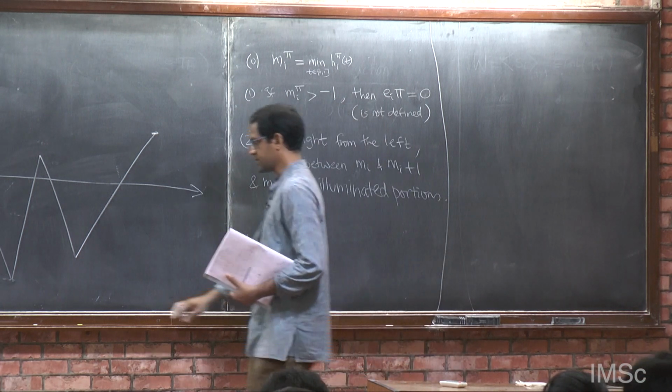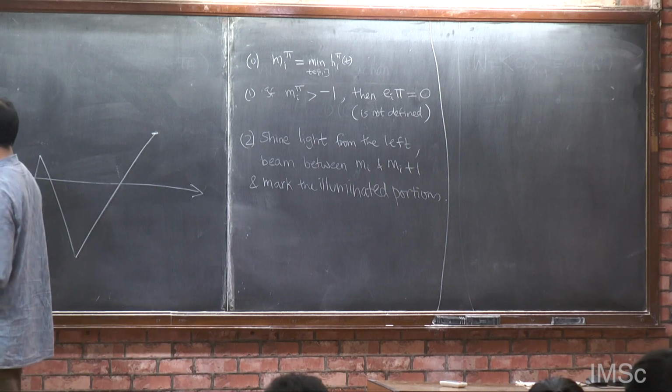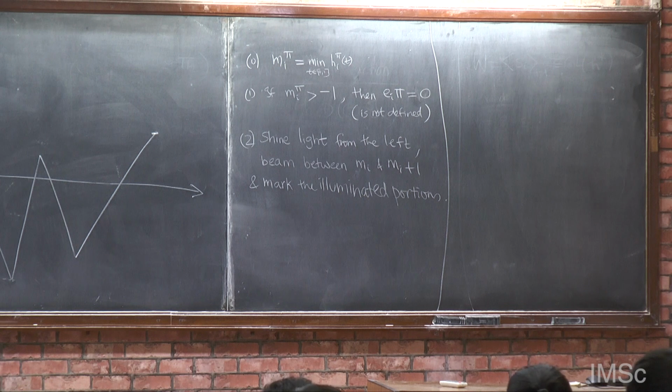This is the bit where we need to study. This is what we mean by studying the graph HI. What we do with the graph HI is just shine light and see which parts of the graph are illuminated. Now the job of HI is done.